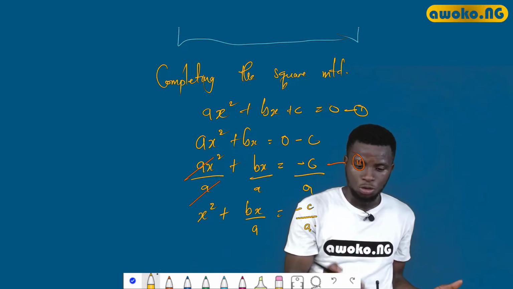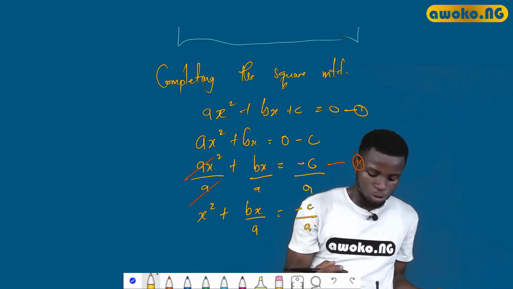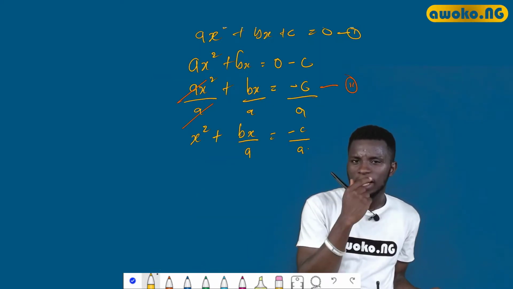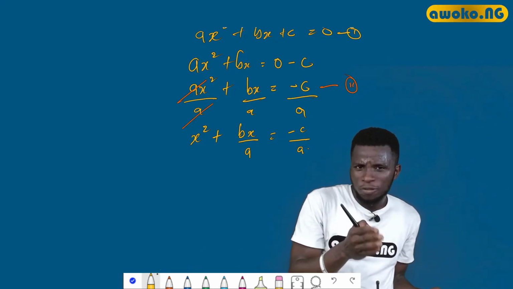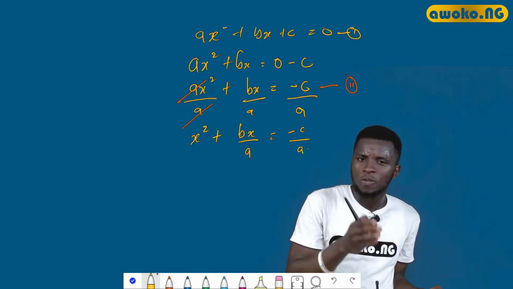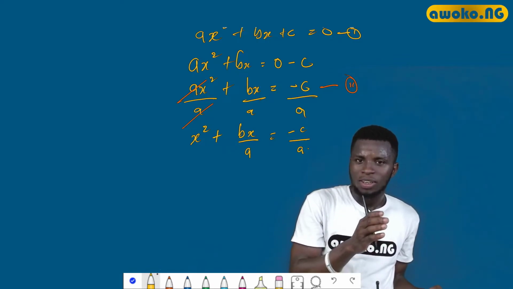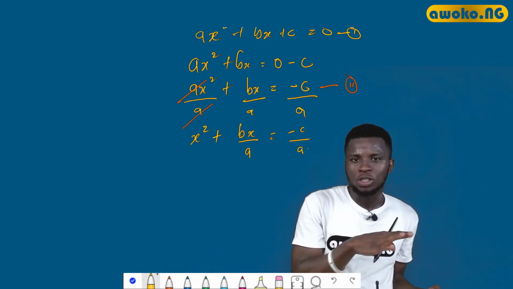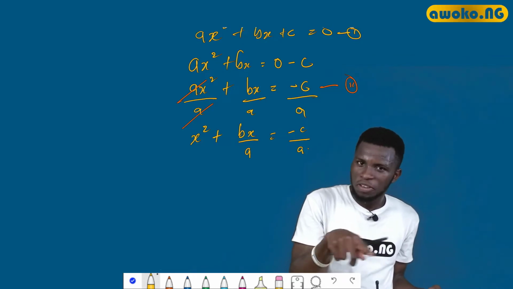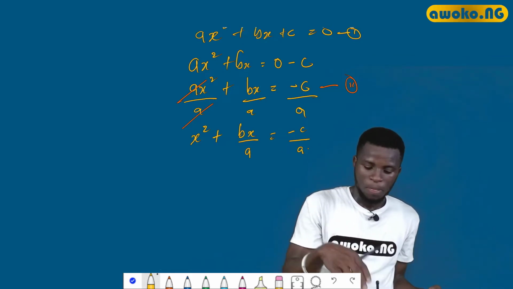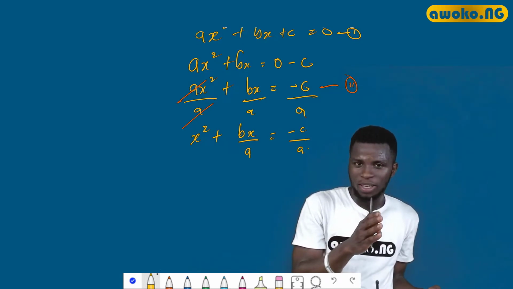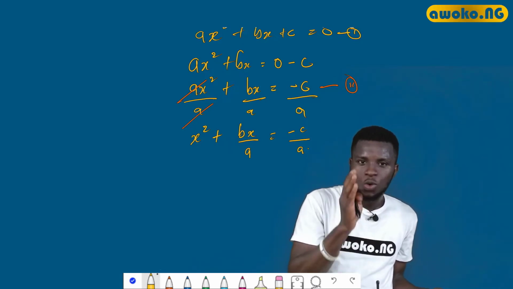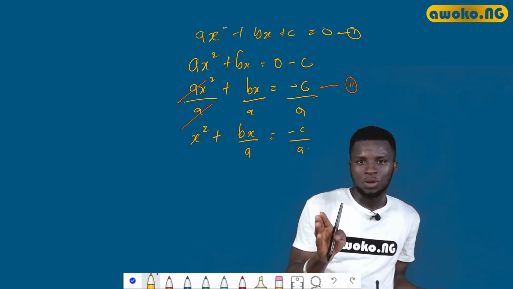The next thing to do is to add half of the coefficient of x, squared, to both sides. Let me rephrase: find half of the coefficient of x. Once you have that, square it and add to both sides.